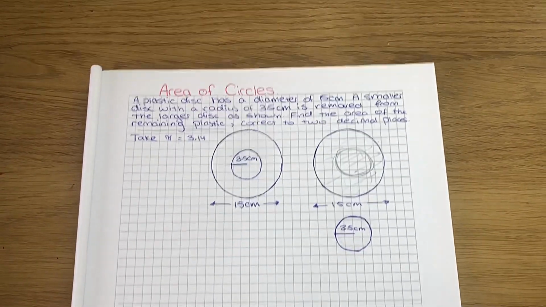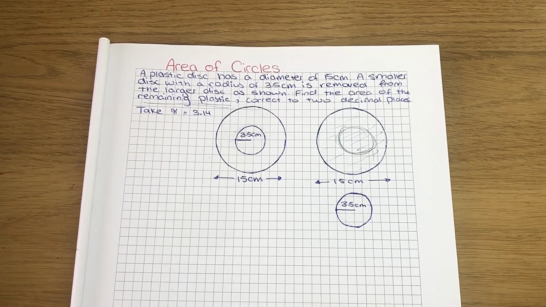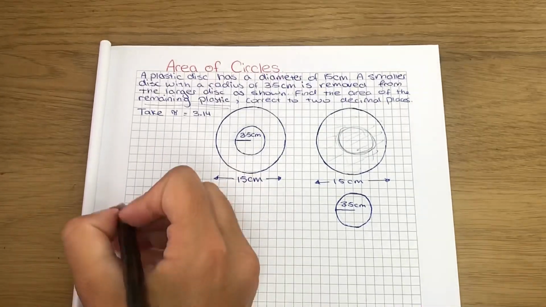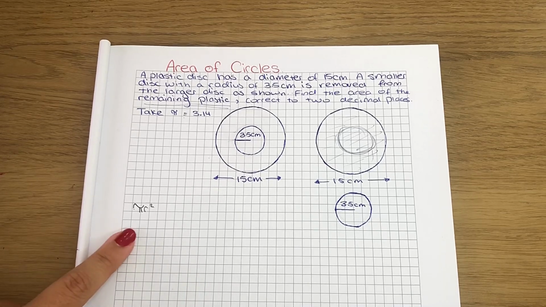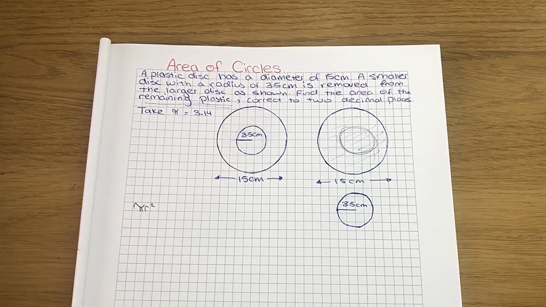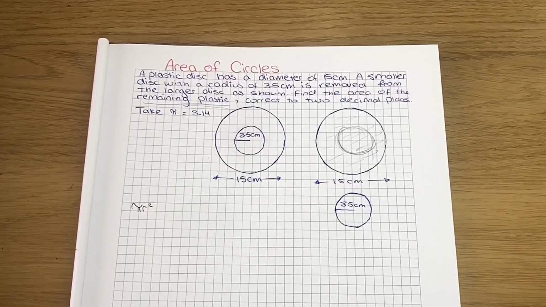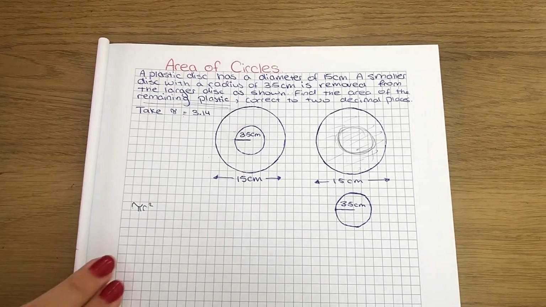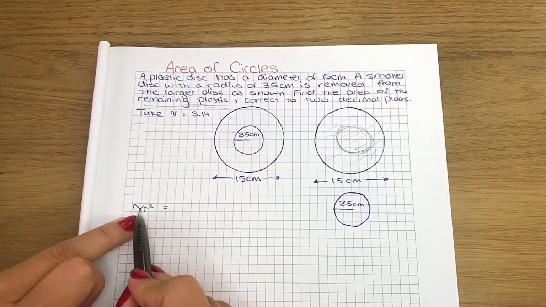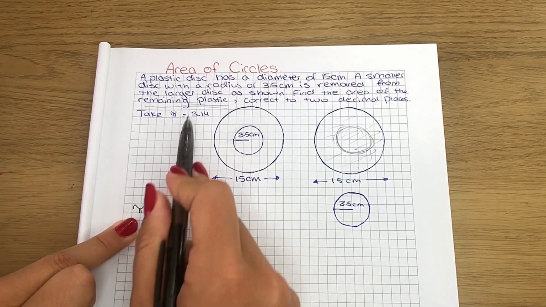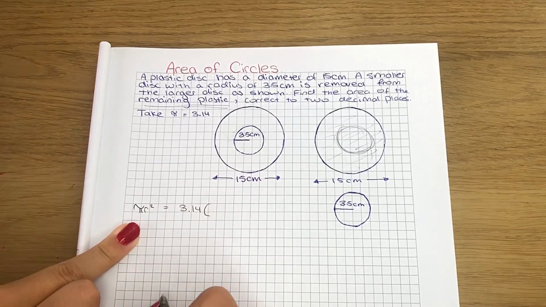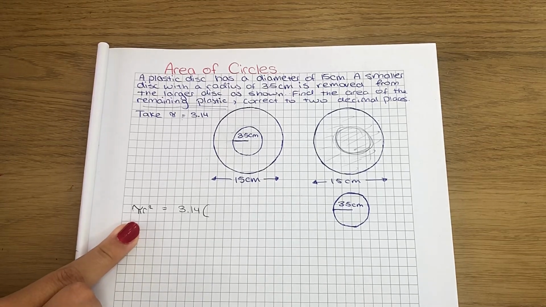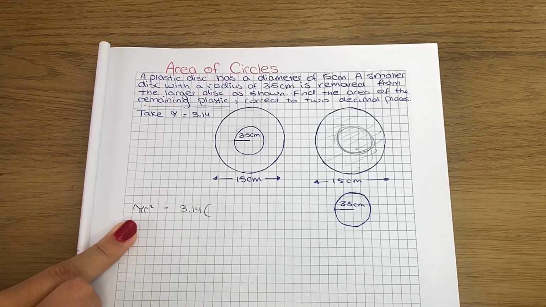Now, firstly, what formula are we going to use? We are going to use the formula pi r squared. Pi r squared is to find the area of a circle. Then again, we have to remember that we have to take pi as 3.14, and our radius, let's find the larger disc first.